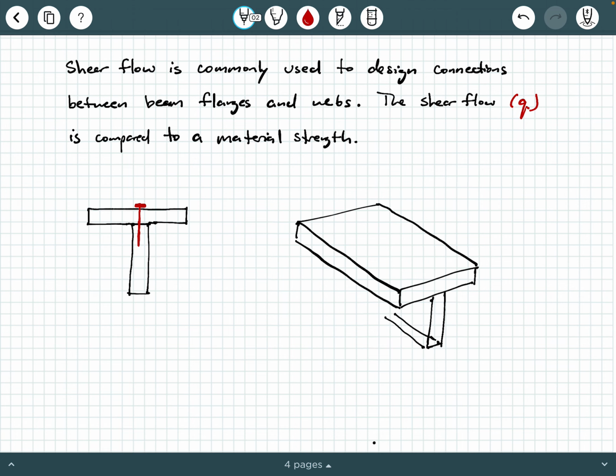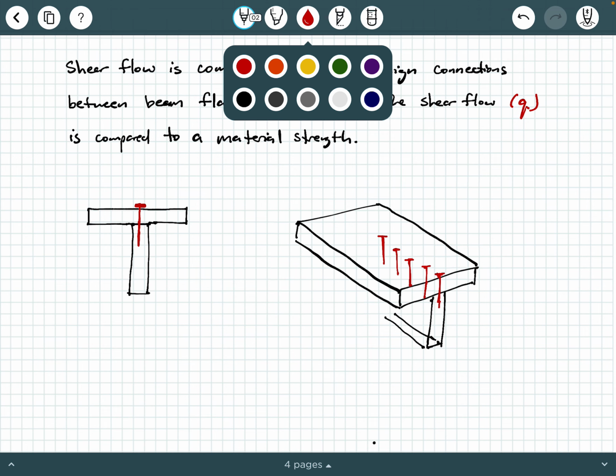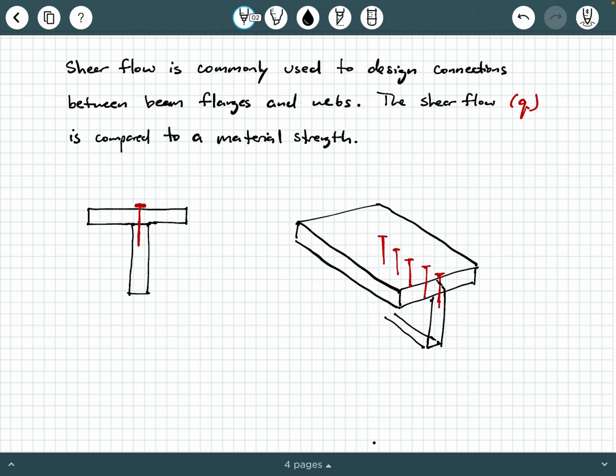So how are we going to nail them together? Well, we're going to shoot a nail through the top flange plank into the web plank, all right? There's the web plank behind that. So we're going to fire these nails into here, okay?